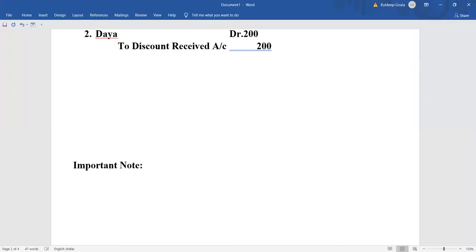We are talking about a really nice and interesting concept, that is contra entry. Now what is contra entry?